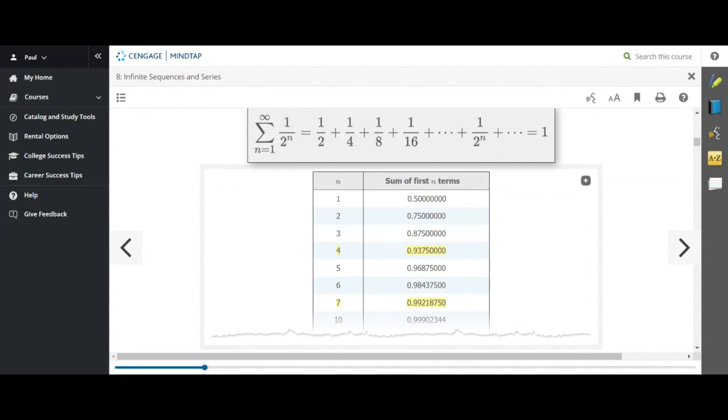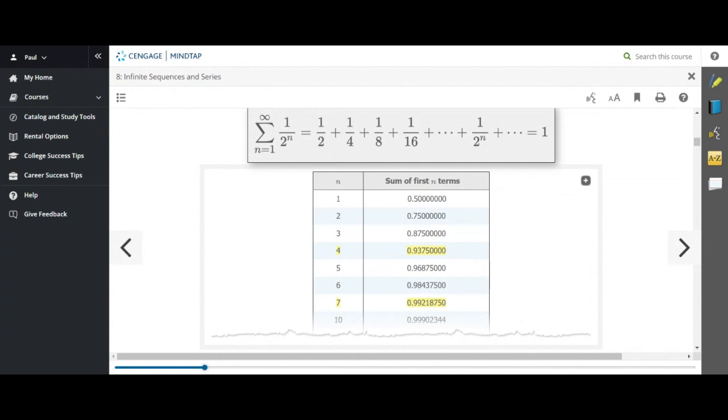When n is 2, we're getting the sum of the first two terms as 0.75. Now, how are we getting 0.75? When n is 2, the sum of the first two terms is 0.75. How are we getting that? Is it going to be like 1/2 plus 1/4?